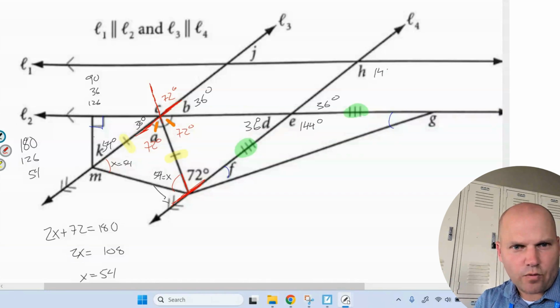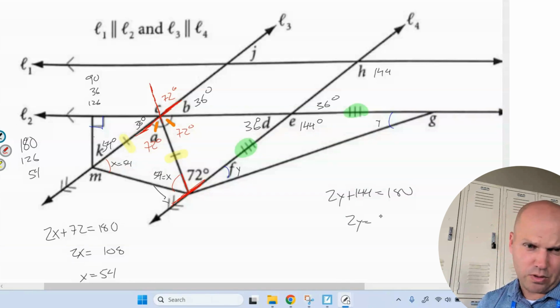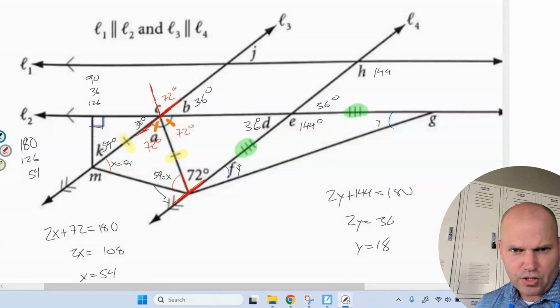That's 144. That's 144. If that's 144, then double y plus 144 has to equal 180 because these two angles have to be the same. So double y has to equal 36. Y has to be 18. So this is 18 and this is 18.